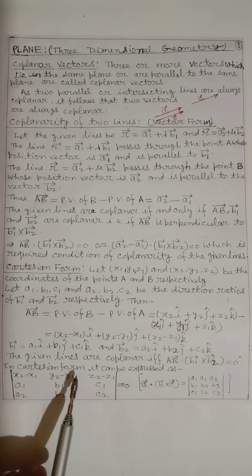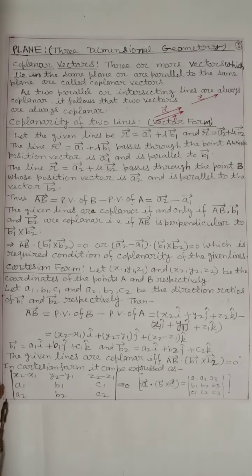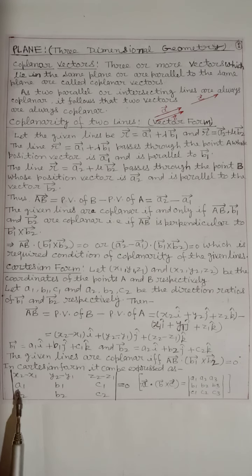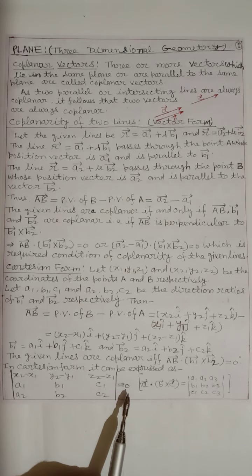In Cartesian form, it can be expressed as determinant x2 minus x1, y2 minus y1, z2 minus z1, a1 b1 c1, a2 b2 c2, this is equal to 0.